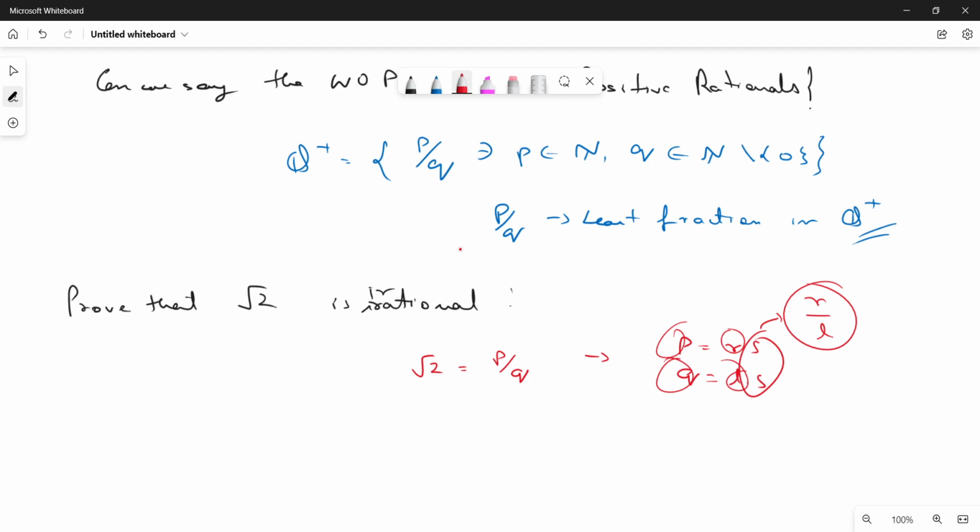Okay. So how can we claim that P over Q must be the least possible fractional representation? The reason behind it is the well ordering principle.